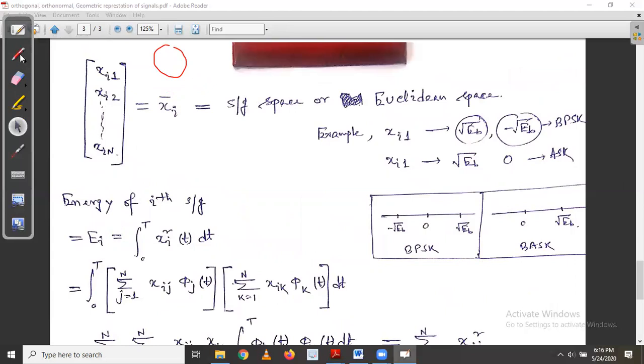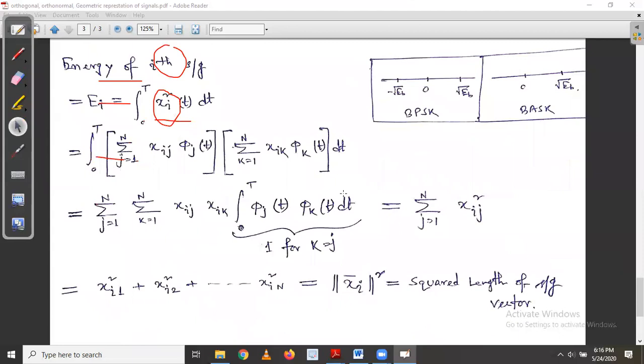It's a vector, in a signal space in which these signals are there. That thing only we are writing here. The mod of xi square is nothing but the summation of all.